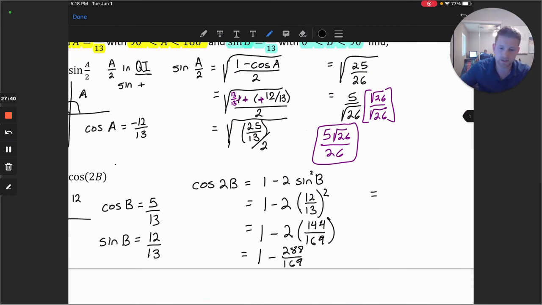And then finally, if we put this into an improper fraction and subtract from 1, you'll find that this is going to be negative 119 all over that same denominator, 169. We'll keep this as a fraction in its exact form, and that should be our final solution there.